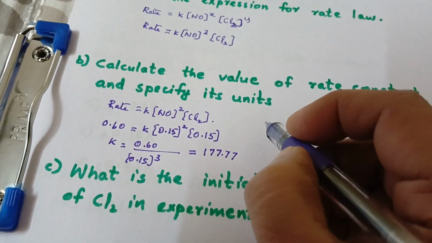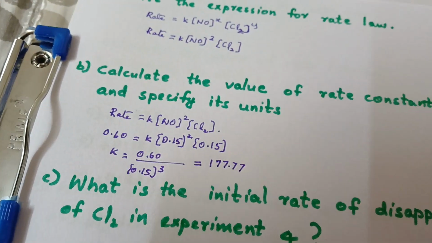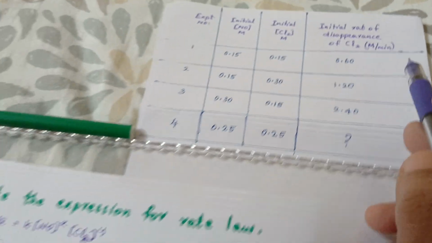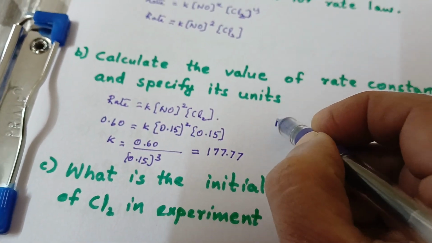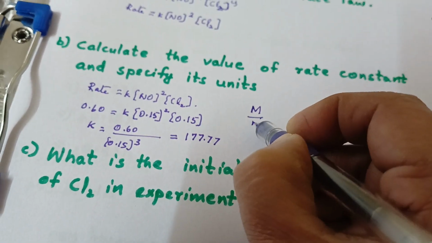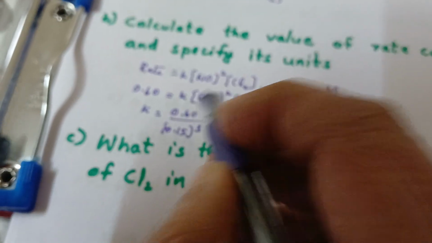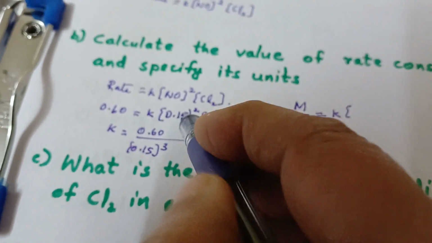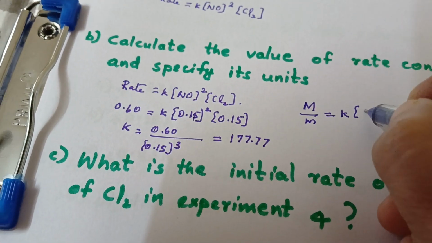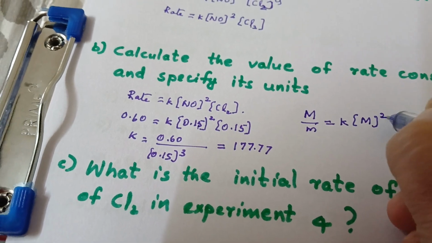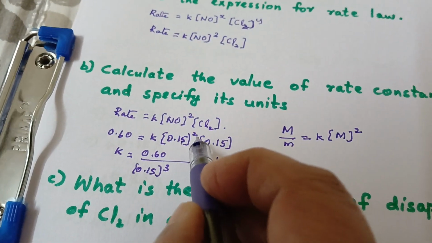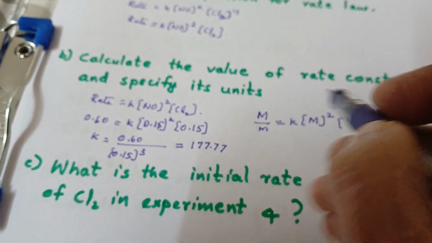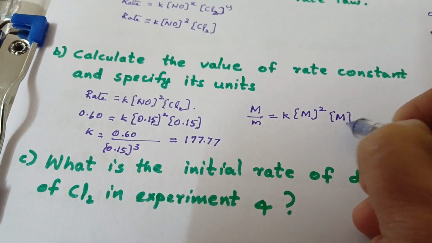Now we need to find the unit of it. The rate of disappearance of Cl2 is given in molar per minute. So molar per minute equals K into, this is given in molar units, so molar raised to 2, 0.15 raised to 2 is molar raised to 2, and the other concentration again is in molar.